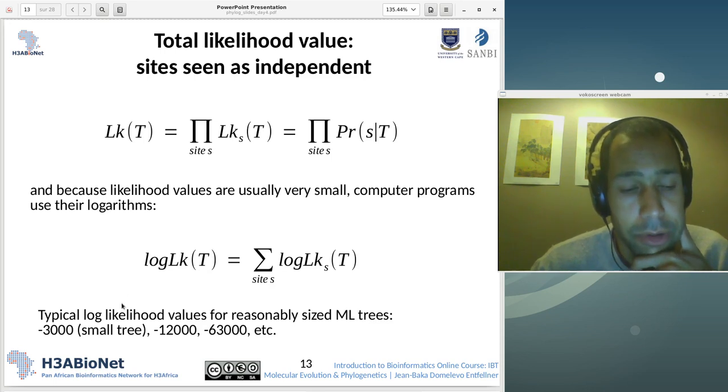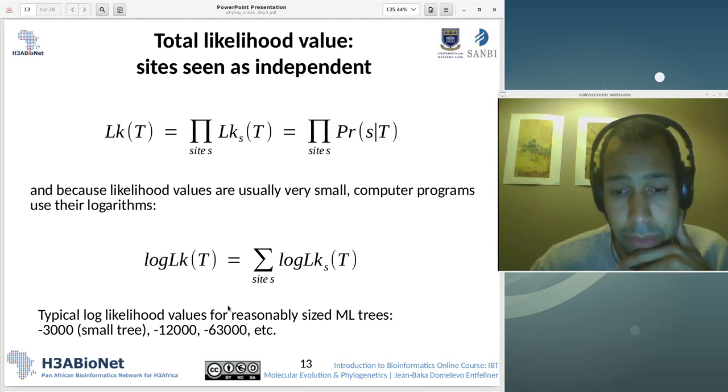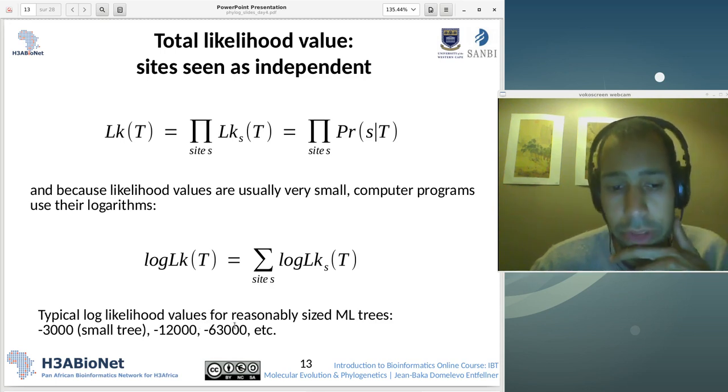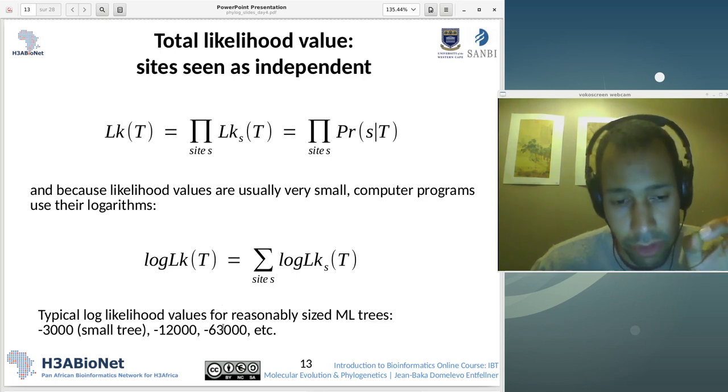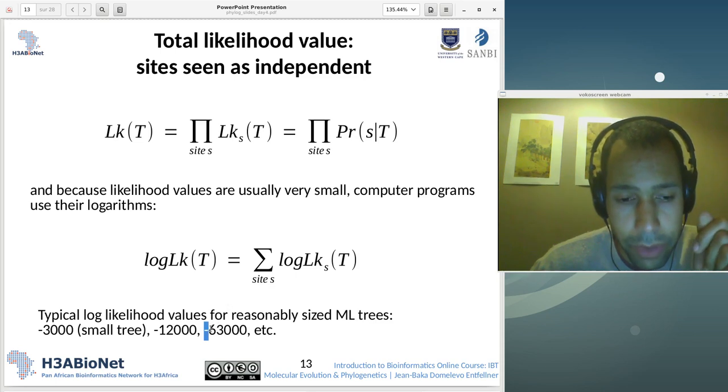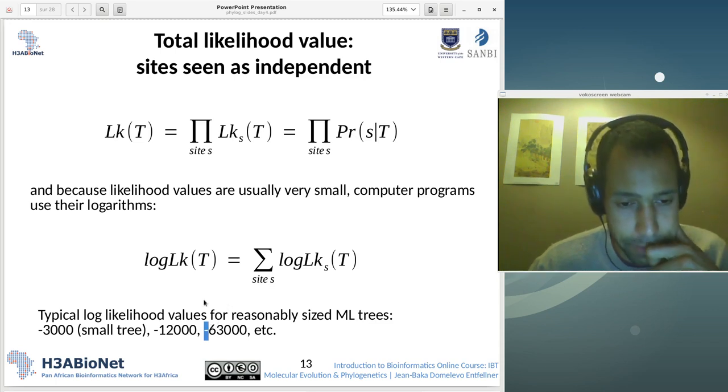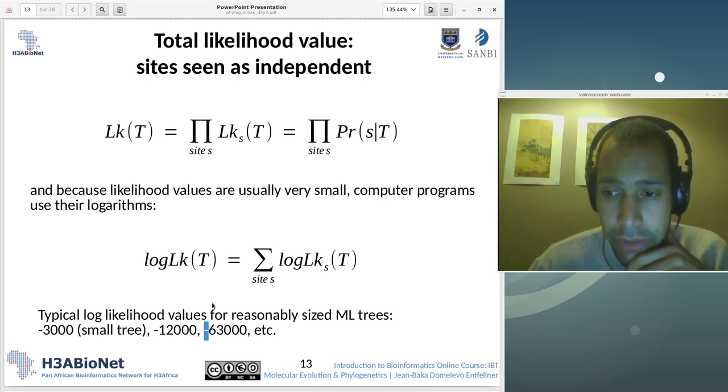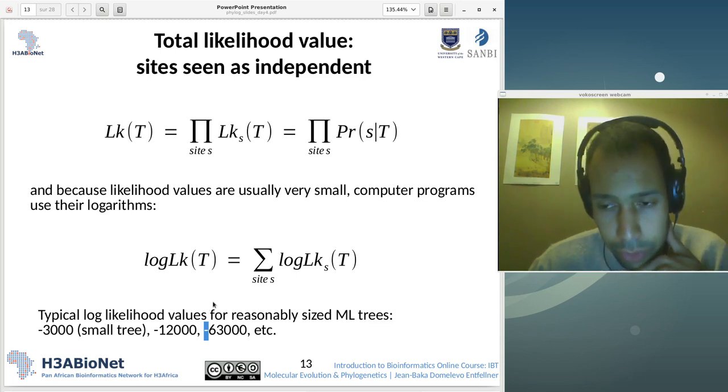So it's typical to see log likelihood values for reasonably sized maximum likelihood trees of negative 3,000, negative 12,000, negative 100,000, etc. So when you see this negative sign, you mustn't be scared that something went wrong in your analysis or in your calculations, or that you're reporting things wrongly. When you see this negative sign, it means that you're dealing with log likelihoods and not with likelihoods.